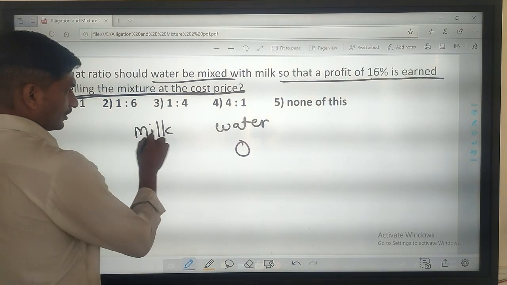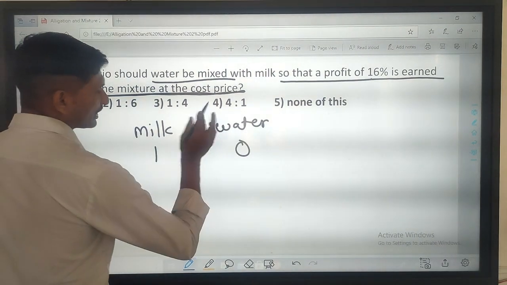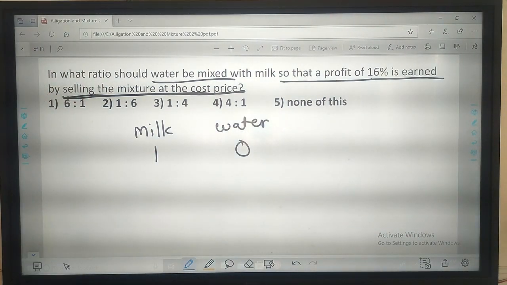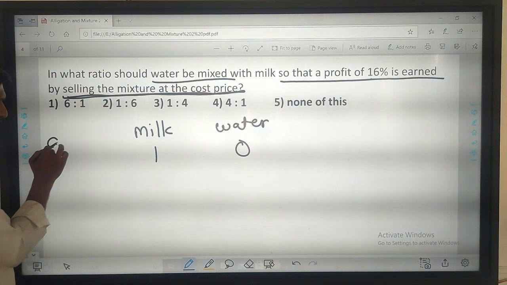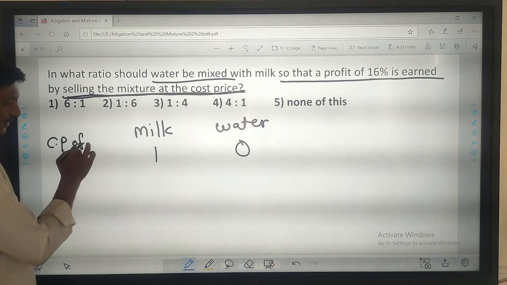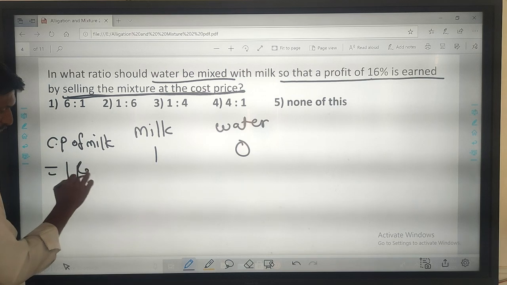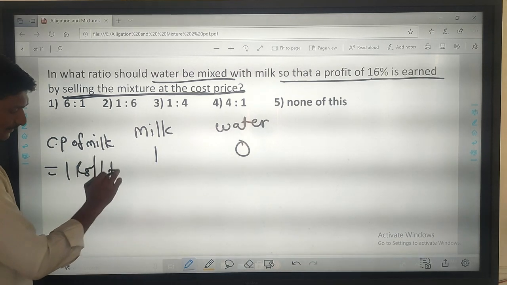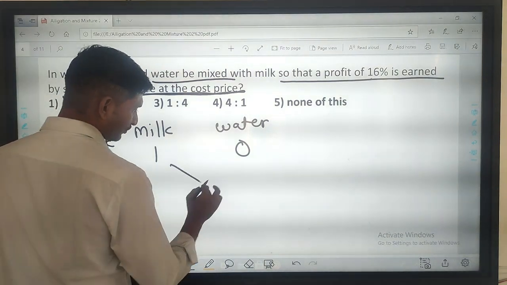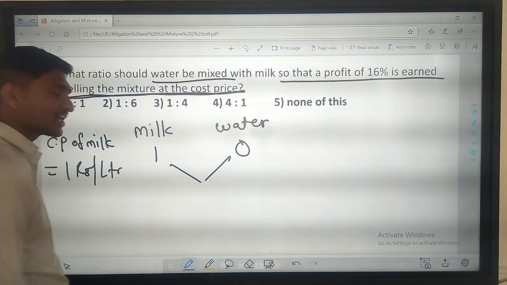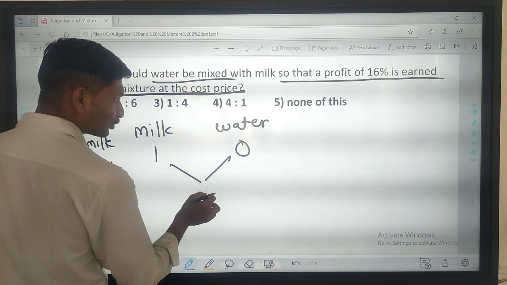Now the cost price of milk is 1 rupee per liter and the cost price of water is 0. These are mixed, and the mixture will be sold at cost price.